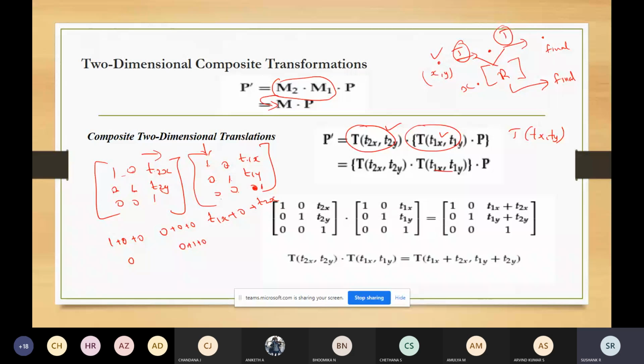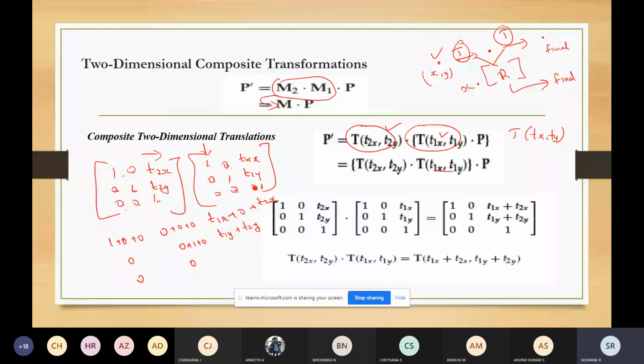Then 0 into 0, 1 into T1y, so T1y plus T2y into 1, so you'll get T2y. Then 0 into 0, 0 into 0, 1 into 0, again I'll get 0. 0 into 0, 0 into 1 also 0, 1 into 0 also 0. Then 0 into 0, 0 into 0, 1 into 1, I'll get 1.